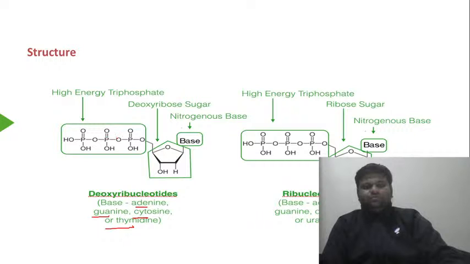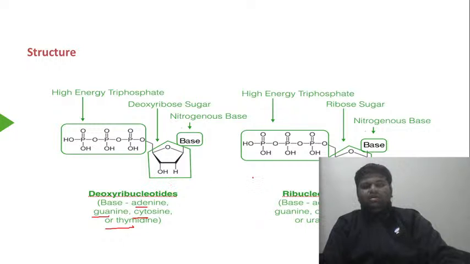So there is deoxyribose sugar, then there is a nitrogenous base, and then there is a high energy triphosphate group. These three all together are known as nucleotides, and in this case it is deoxynucleotide.